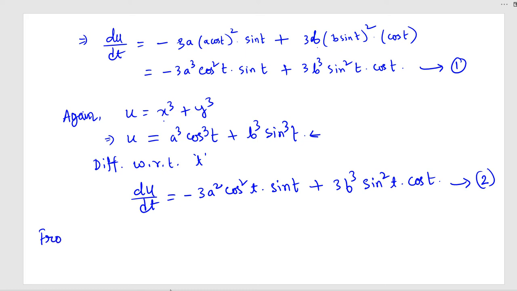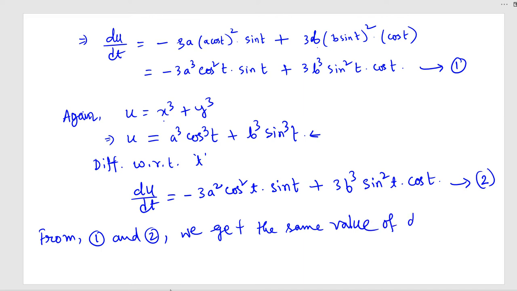So from equation 1 and 2 we get the same value of du/dt, hence the result is verified.